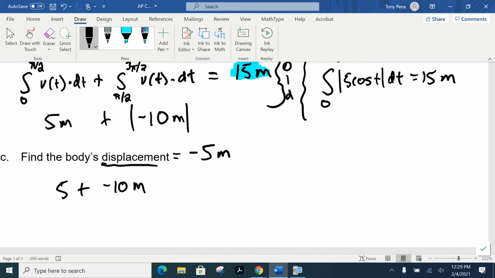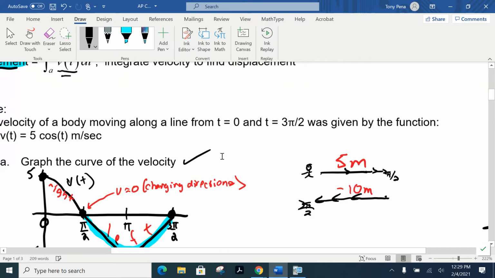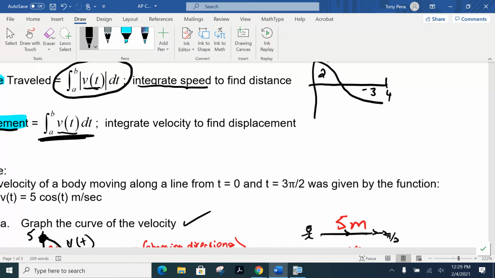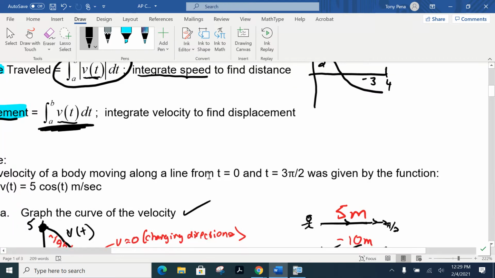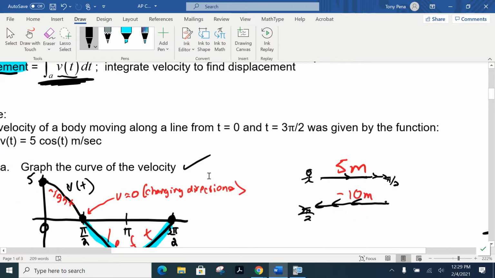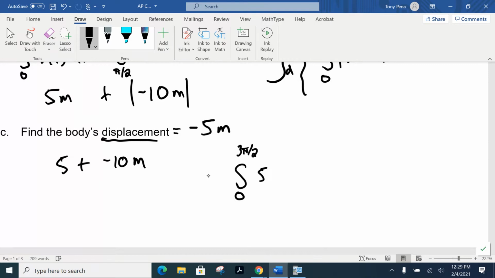If we don't want to split it up, all we need to do is go 0 to 3 pi over 2, and I'm just getting this from up here. This is what we've been doing now for a while. This gives you the net change. When we just integrate our function without absolute values, that's going to give us our net change. Wait, it's cosine, right?